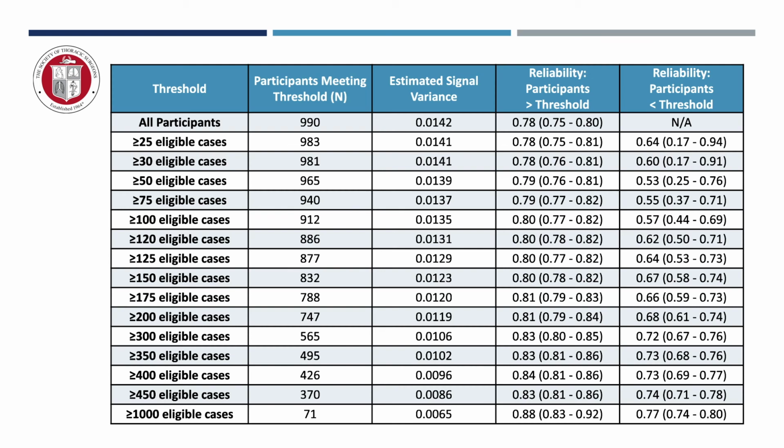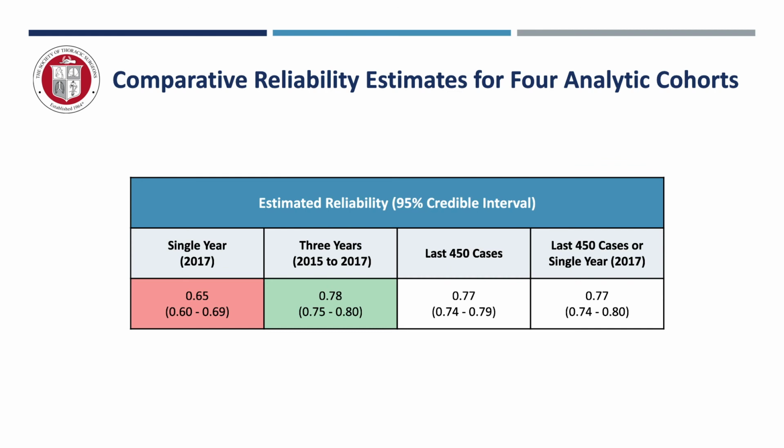Reliability of the STS CABG Composite was estimated using 3 years of data and 95% credible intervals. Because of the increased sample sizes and endpoints, reliability was excellent at virtually all realistic levels of annual volume. Measure reliability using the 3-year window was significantly higher than for the current single-year data collection. For purposes of this comparison, credible intervals were set at 95% for each approach.